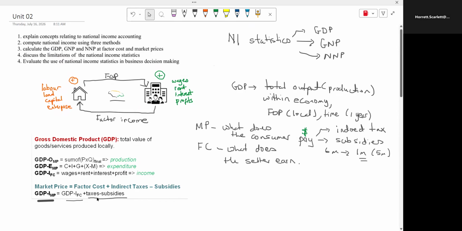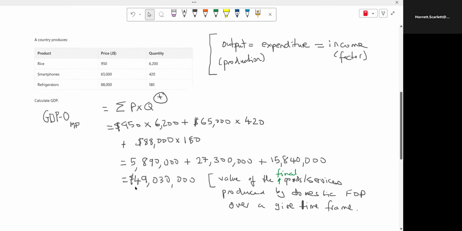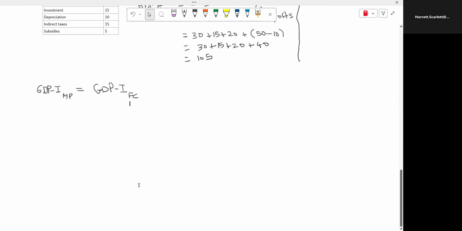So we would add taxes and we would minus subsidies. So we add the indirect taxes and we subtract the subsidies. All right, so this is the formula that we would use to convert from GDP factor cost to GDP at market price.